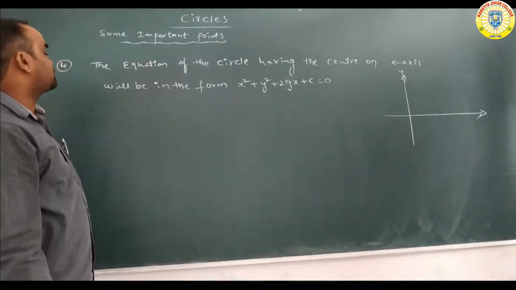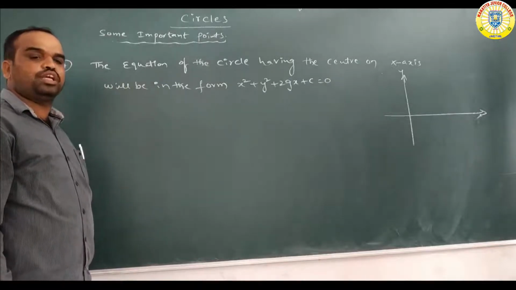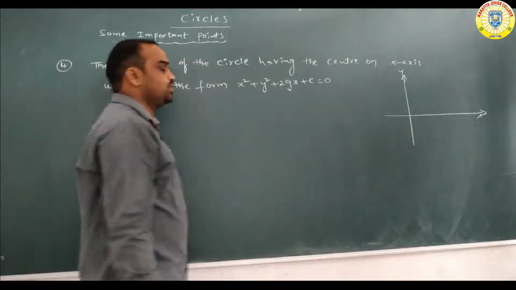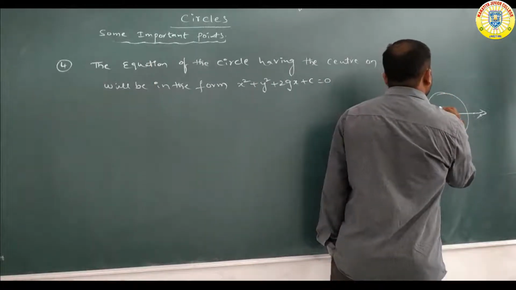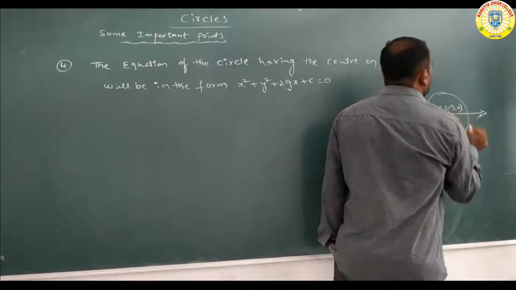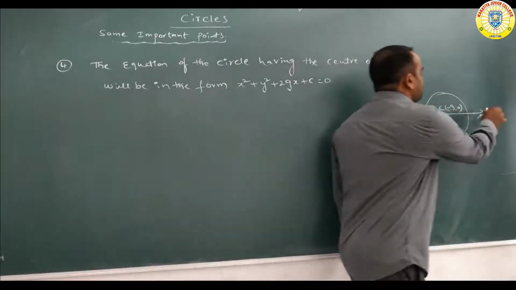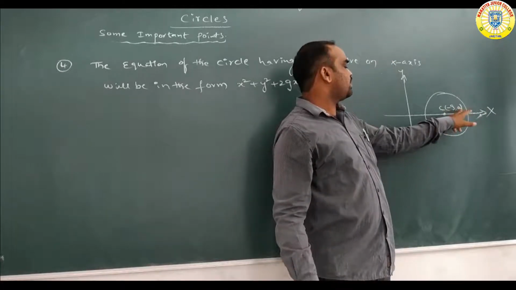See here, the equation of circle having the center on x axis will be in the form x² + y² + 2gx + c = 0. See here like this one. This is the center. Your center is equal to -g, 0. Any point lies on x-axis, in the coordinates of the point the y coordinate is 0.